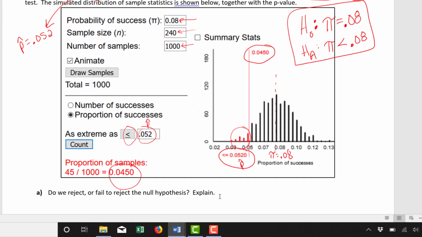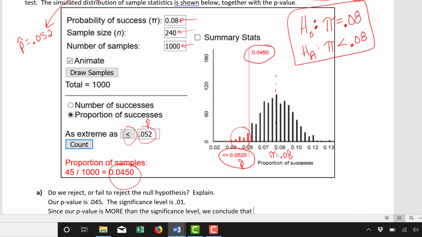The answer to this is entirely based on the significance level. We're going to compare our p-value to the significance level. Our p-value is 0.045. The significance level is 0.01. Since our p-value is more than the significance level, we conclude that we fail to reject the null hypothesis.